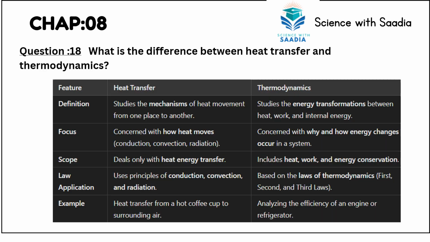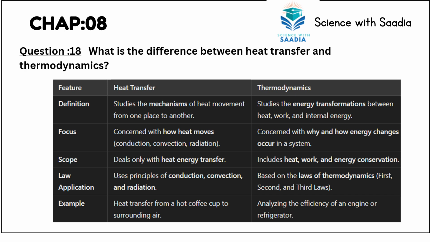Next question, question number 18: what is the difference between heat transfer and thermodynamics? Heat transfer studies the mechanism of heat movement from one place to another, while thermodynamics studies the energy transformation between heat, work, and internal energy. Heat transfer is concerned with how heat moves, that is conduction, convection, and radiation, while thermodynamics is concerned with why and how energy changes occur in the system.